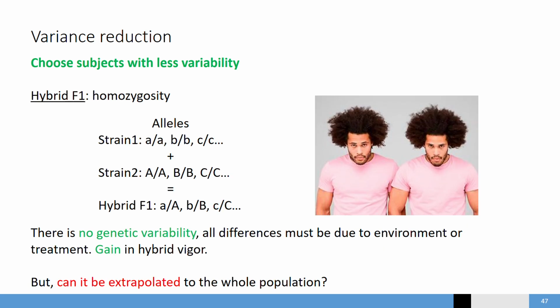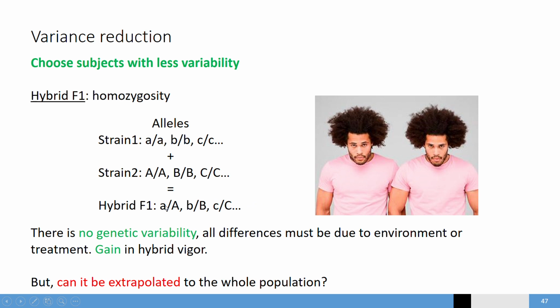Okay, so these experimental problems can be a little bit solved by the hybrid F1 homozygotic. You take 2 strains, and each one of the strains has only one version of each one of the genes, but when you mix them, all the animals will still be the same, but they will have 2 versions of the genes.